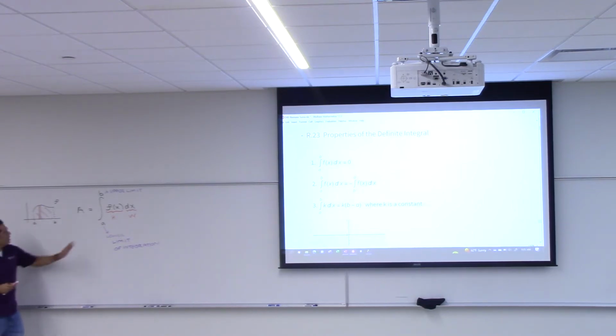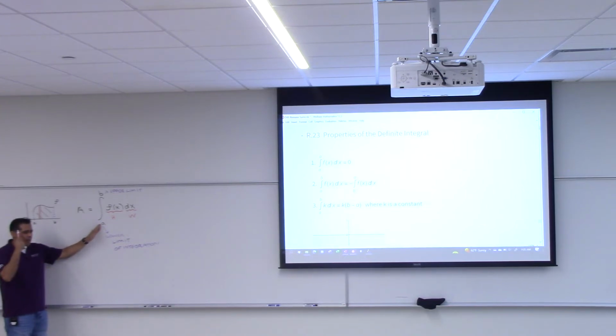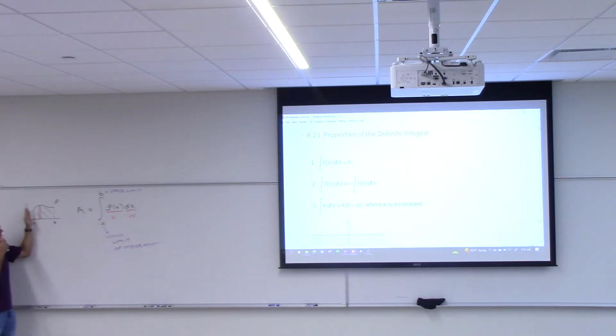Think about this rectangle as being moved from a across to b, sliding it across and adding them up as you go. That rectangle is infinitesimally thin, because we take a limit. But that's the idea.